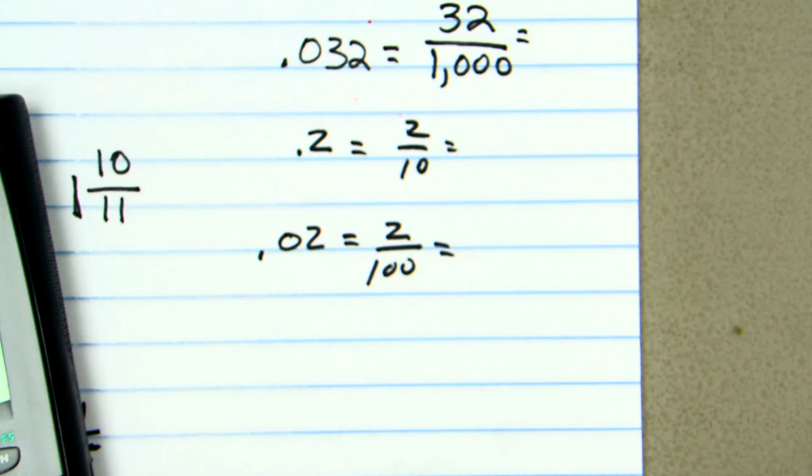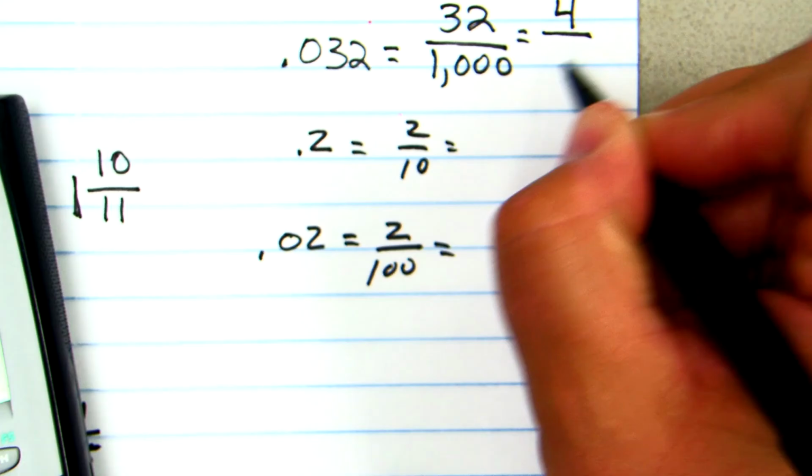Okay, I can reduce by 8. If I reduce 32 by 8, I would get 4, and 1,000 reduced by 8, I would get 125. So the answer to that one would be 4 over 125. This one would reduce to 1/5, and this one would reduce to 1/50. So always reduce if you can on the decimals.